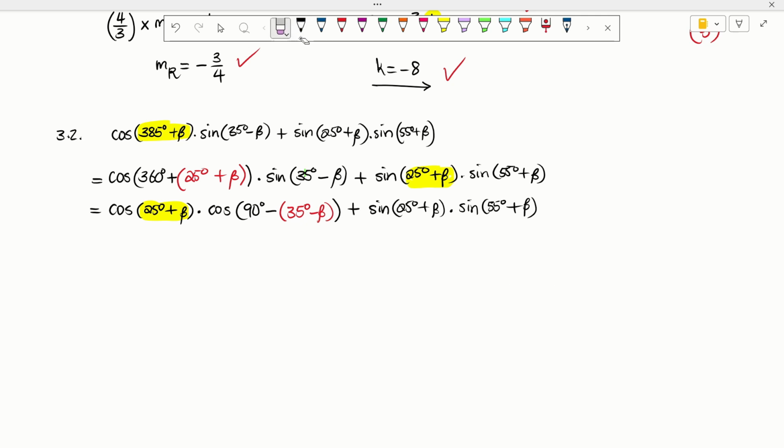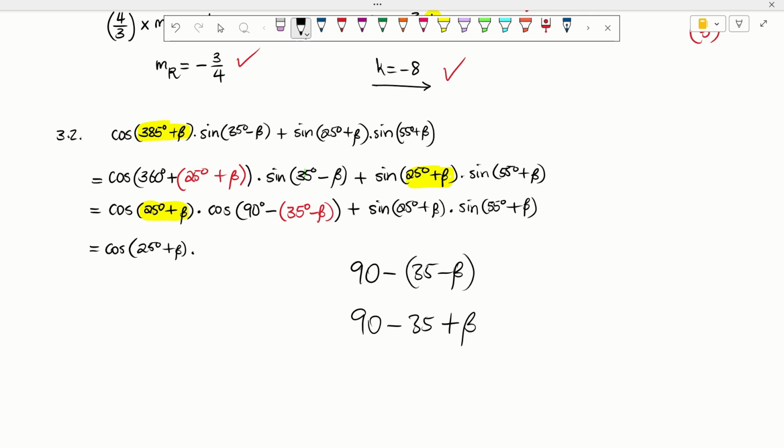Then going down, this one I still keep because it looks to be something that I'm going to use. 25 degrees plus beta multiplied by cos of 90 minus 35 minus beta, this becomes 90 minus 35 plus beta. So 90 minus 35 becomes 55, and then plus beta.